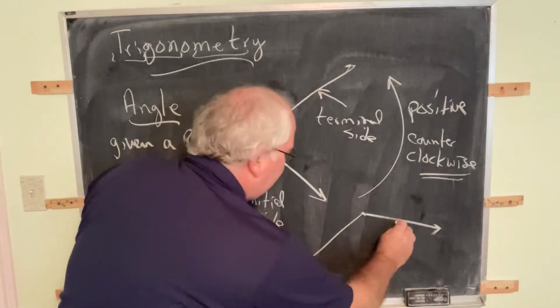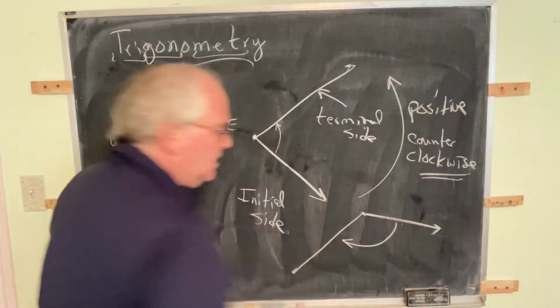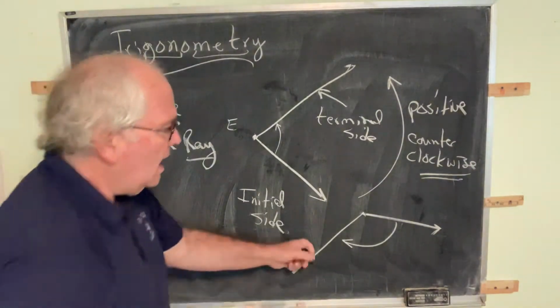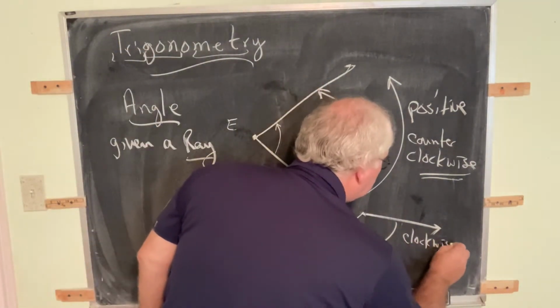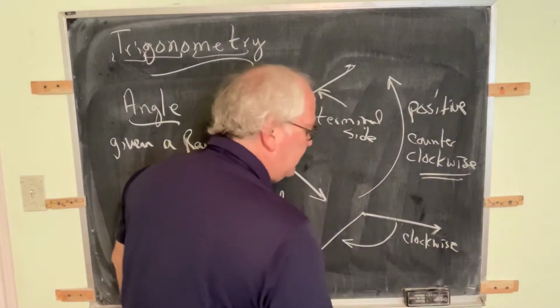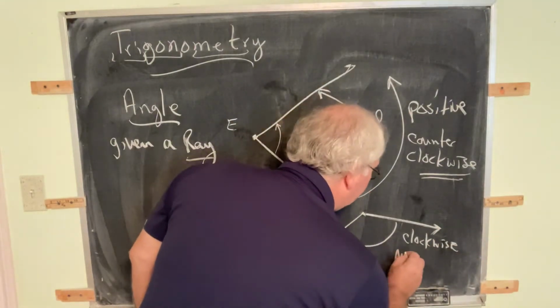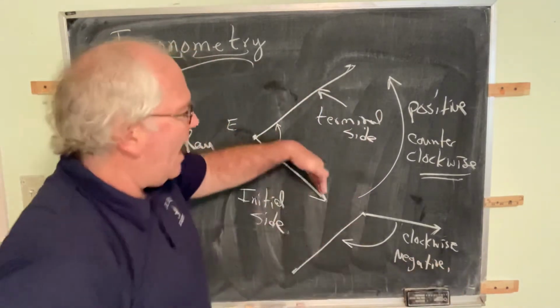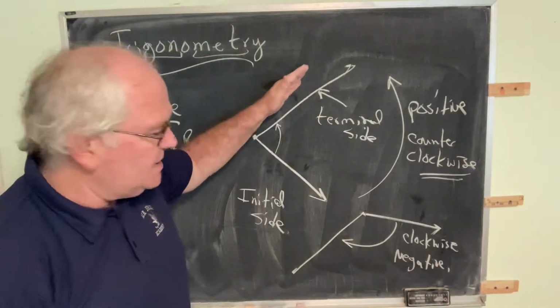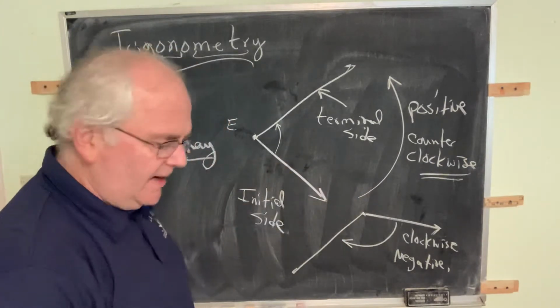In this case, I have rotated clockwise. Clockwise is considered a negative measure. So counterclockwise, we measure as positive. Clockwise, we measure as negative.